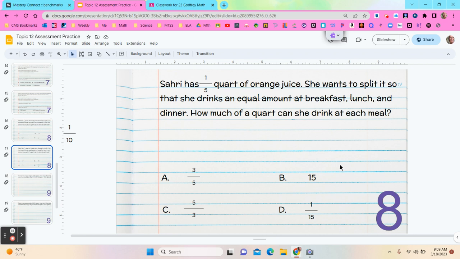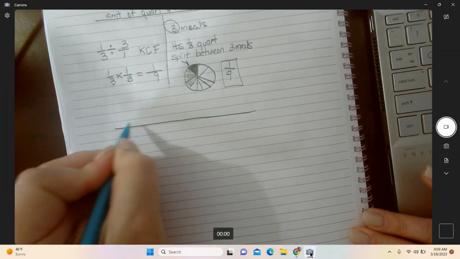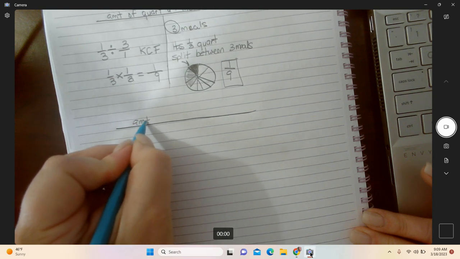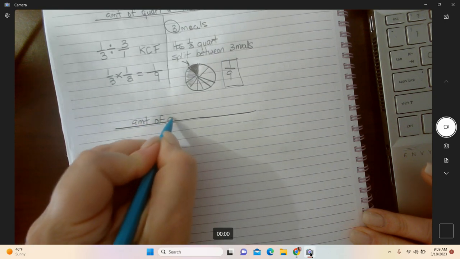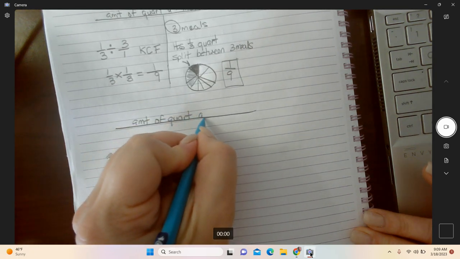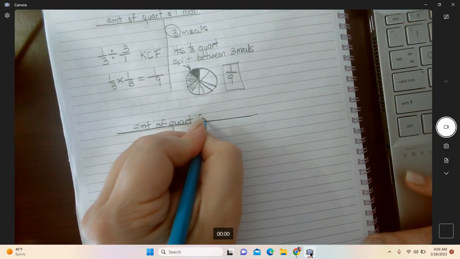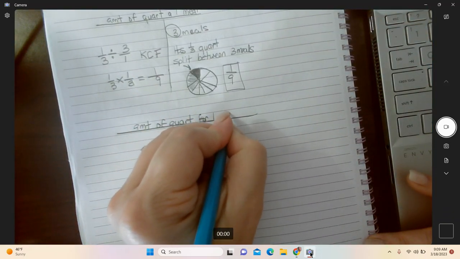Let's do it exactly the same way. How much of a quart can she drink at 1 meal, right? Remember to change your each to 1. Amount of quart for 1 meal, because each we always change to 1.